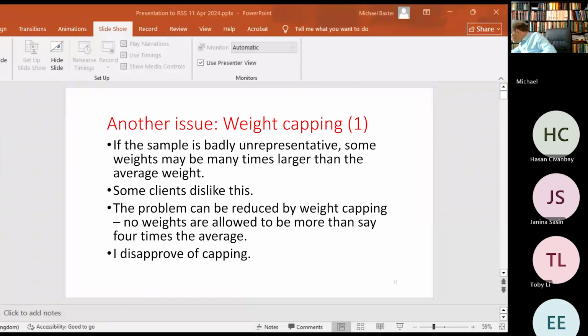So if you do your weighting and you find you've got some very high weights, you trim them down to 4 times the average weight, and then you have to adjust the weights to add up again.